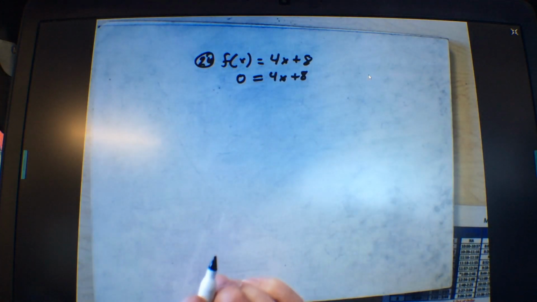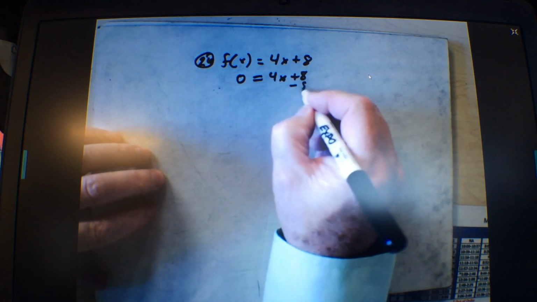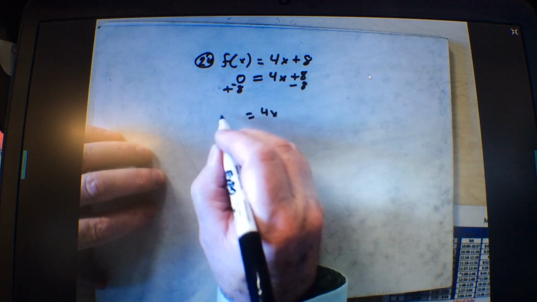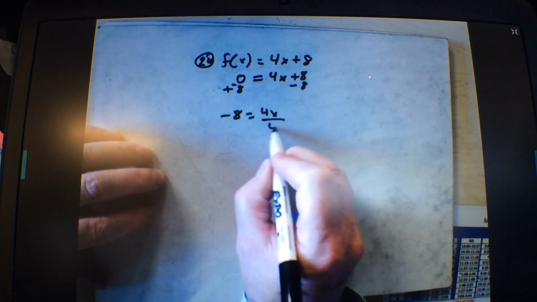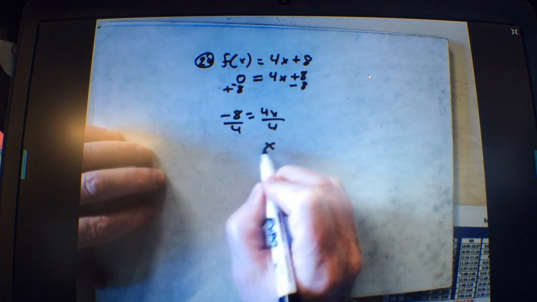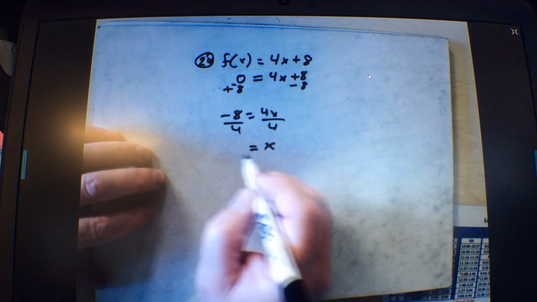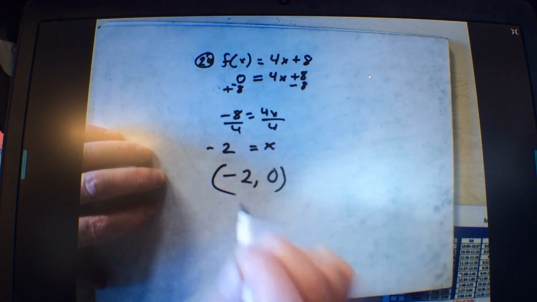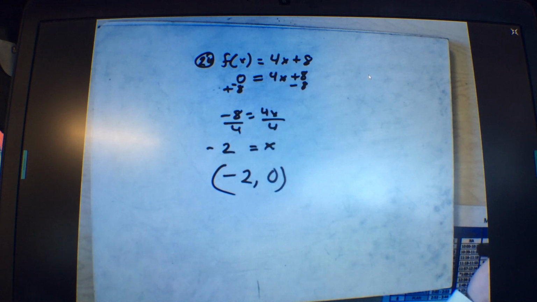We put 0 in for y, and then we subtract 8 from both sides, and I get 4x equals negative 8, and I divide by 4, and I get x equals negative 2. My 0 is negative 2, 0, and I did not have to graph it.